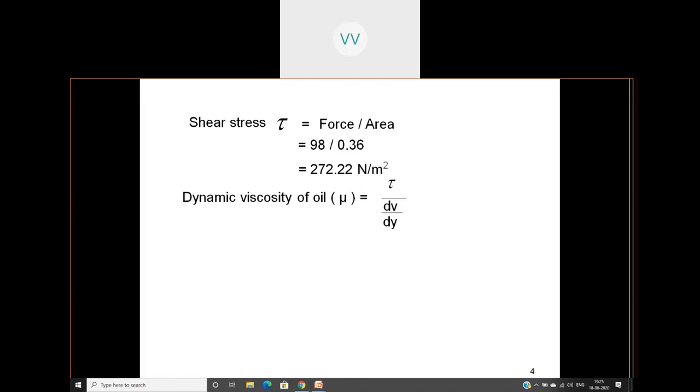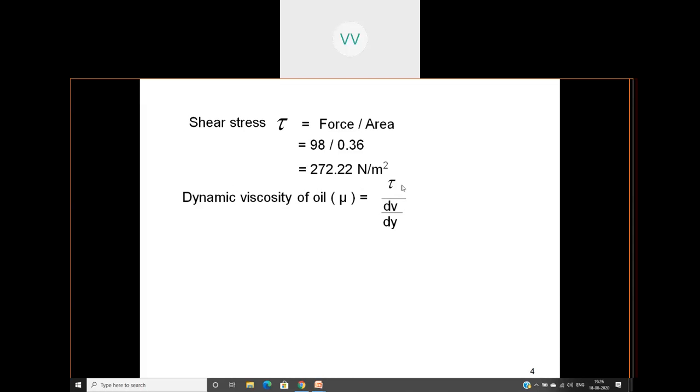Then as per Newton's law of viscosity or Newton's equation of viscosity, the shear stress is related to the dynamic viscosity and the velocity gradient. We have seen this while we were discussing viscosity. So now you want the dynamic viscosity of the oil.